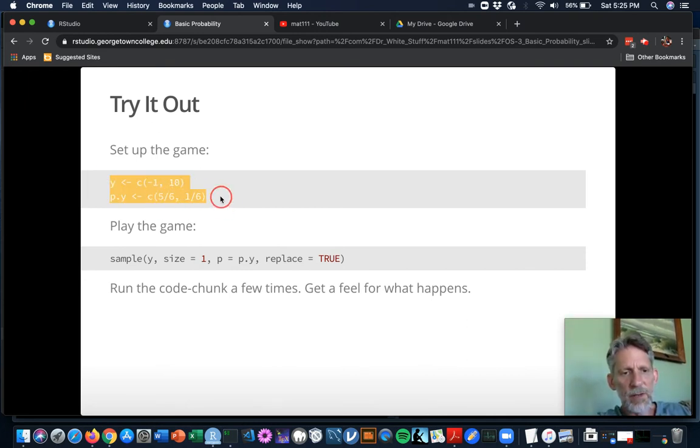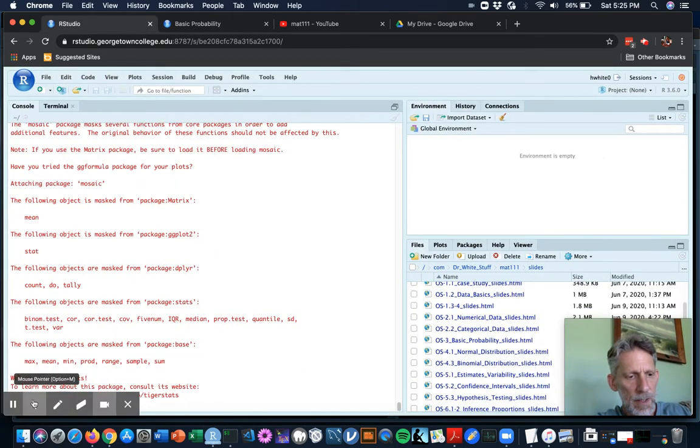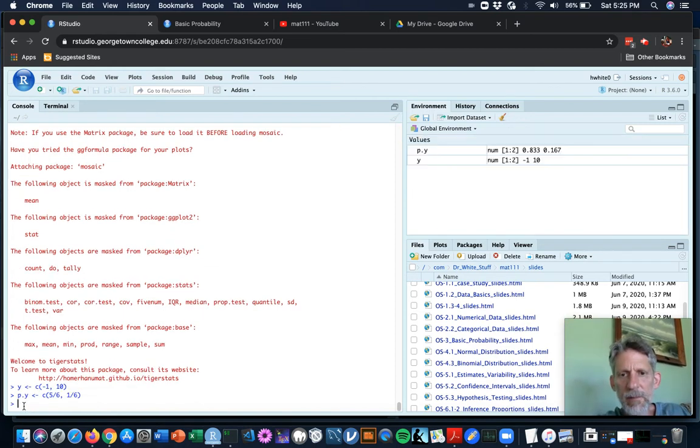So let's do that setup. Copying this code, head back to RStudio, get to your console, paste it in, and you get these two things in your global environment. The y, the possible values of the random variable, -1 and 10.